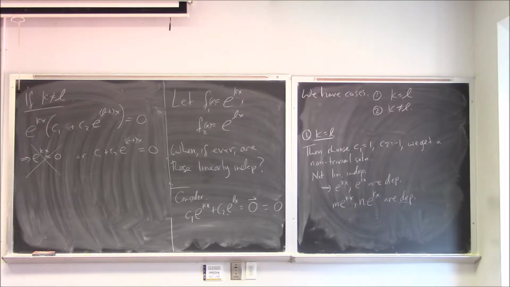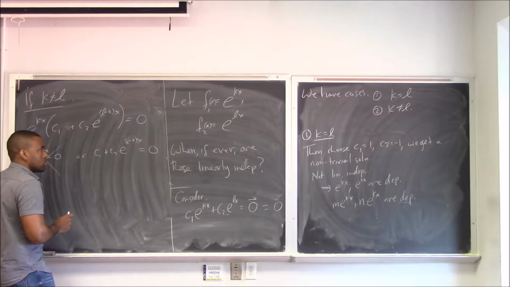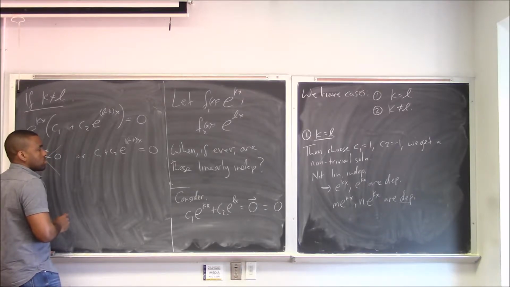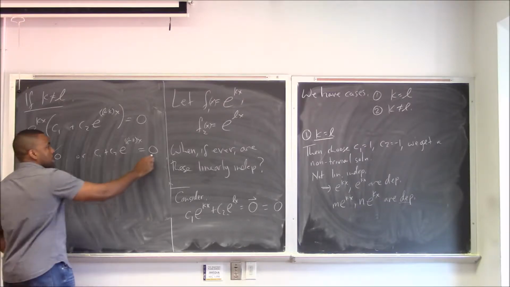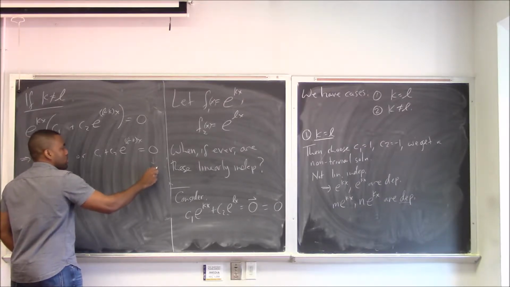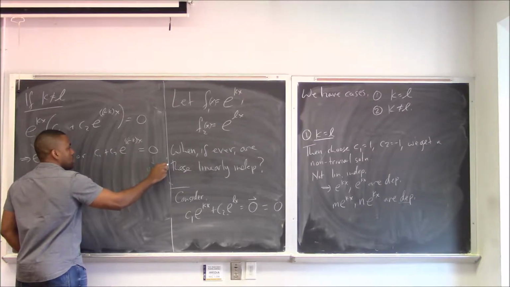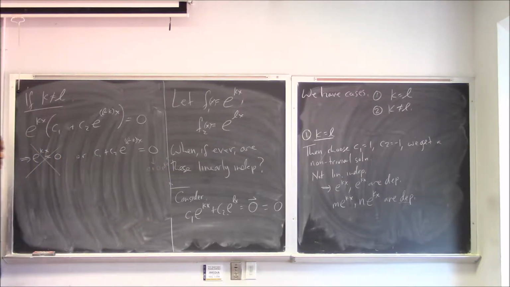How do I know that C1 and C2 must be 0 in this case? Comparing coefficients, comparing like terms. Since e to the anything is never 0, then C1 has to be 0, and C2 too. You mean by comparing coefficients, like writing this as 0 plus 0 e to the (l minus k)x? Yeah, we could do that.